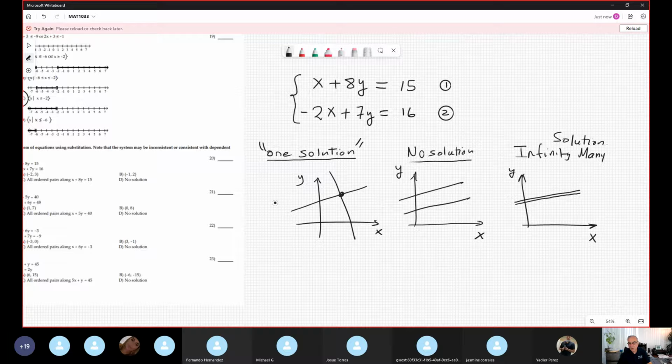But how do you know this situation algebraically? It's the thing I want to study now. You need to be aware of this situation. 99% of the time, it's one solution. And 1% of the time, is this.